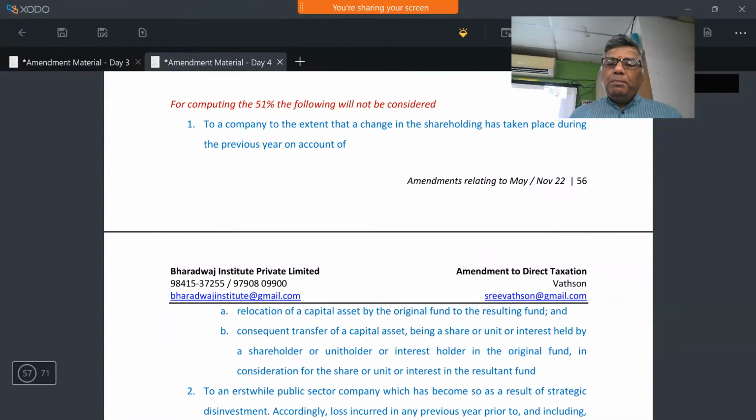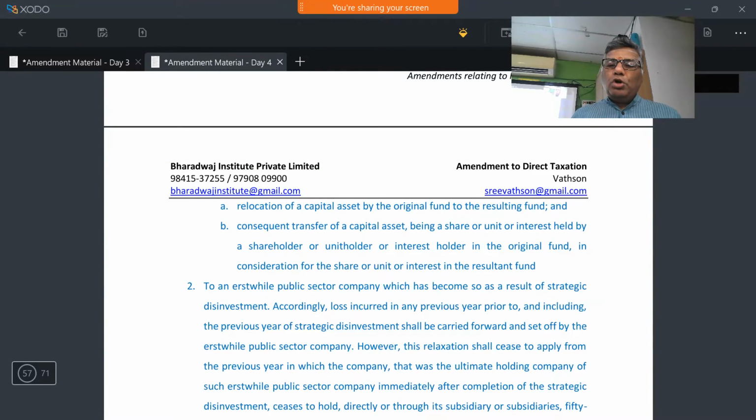To a company to the extent that a change in shareholding has taken place during the previous year on account of relocation of capital fund from original fund to resulting fund, that is mutual funds are now dividing themselves into dynamic portfolios, static portfolios, and consequent to a transfer of a capital asset being a share or unit held by a shareholder or unit holder or interest holder in the original fund, etc. That is only for the mutual fund.